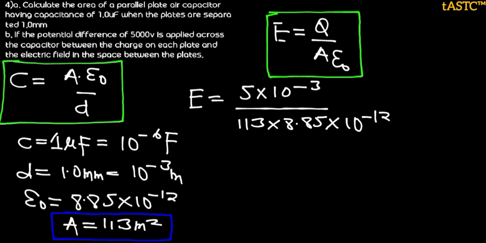So that gives us 5.0 times 10 to the negative 3, divided by 113 multiplied by 8.85 multiplied by 10 to the power of negative 12. So that basically gives us 5.0, I'm going to write that as 5.0, to the power of 6 Newton per Coulomb.